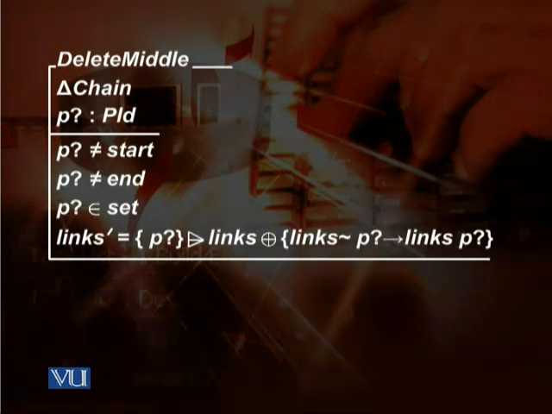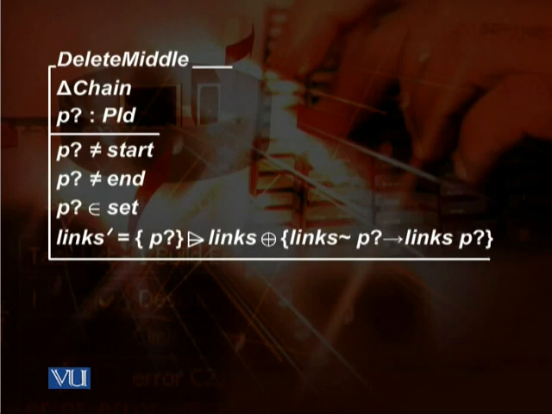It is not equal to start, it is not equal to end, and it is a member of the set. Now when we want to delete this particular element, that means we need to delete it from the links. We need to delete it from the chain.